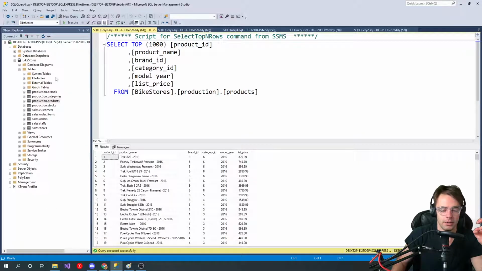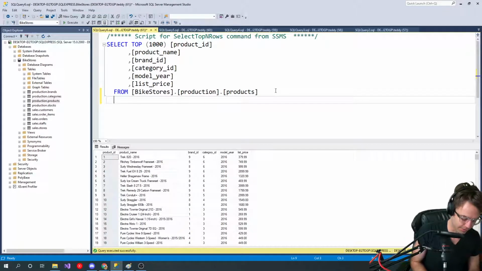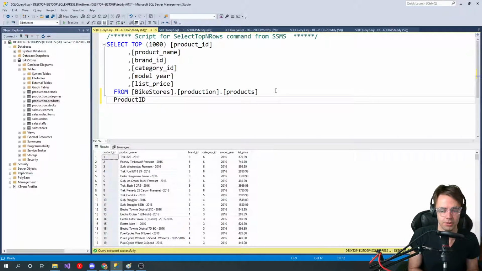If you don't want to follow along in SQL Server Management Studio, you don't have to. The primary key is always going to be on the left side, and it's always going to have this naming convention. Not specifically the underscore, but it's going to be the table name followed by the ID, like product ID.